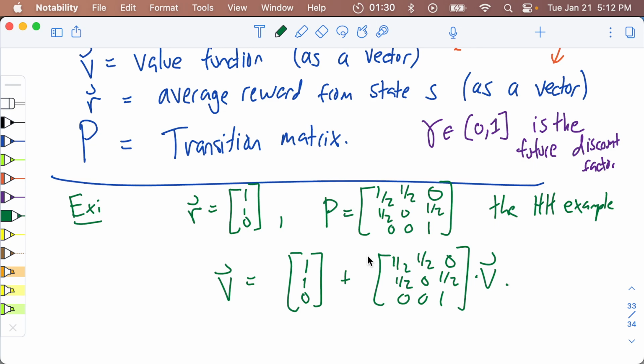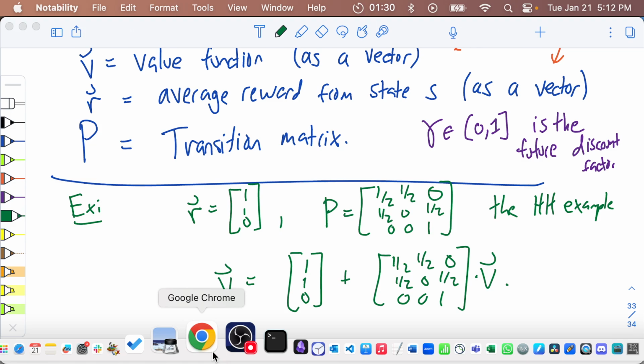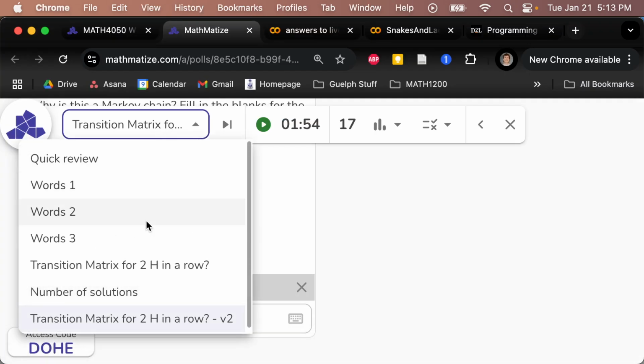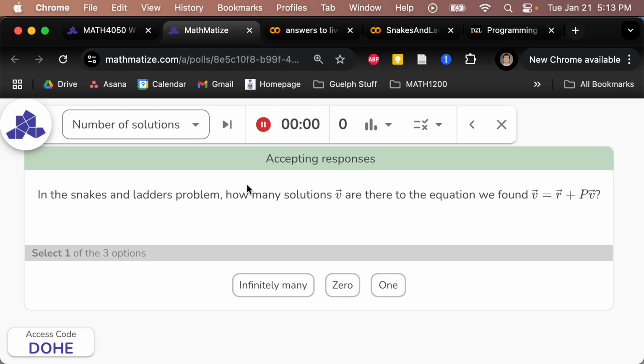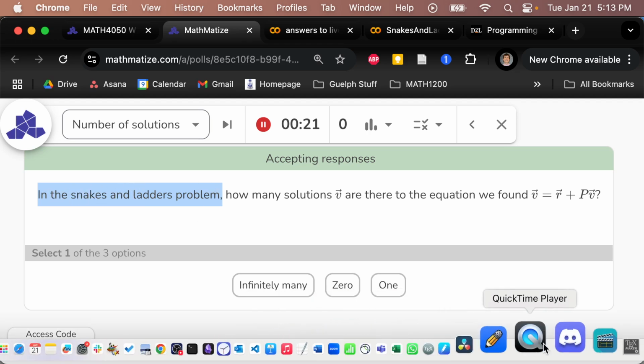Now is another time where I will ask you once again, how much of your linear algebra class do you remember? I have this question. I wrote it in the snakes and ladders problem, but it's the same exact question if you put it in the heads problem. The question is, how many solutions are there to V equals R plus PV? For concreteness, let's replace snakes and ladders with literally what I have written here.